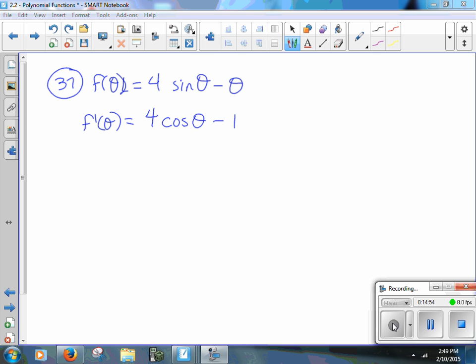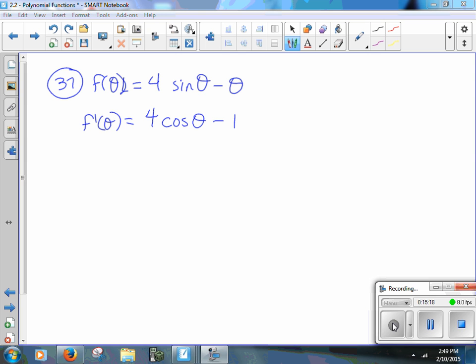Now, the instructions said, hold on. The fact that I go to this and not my textbook is absolutely crazy. 37. It says find the slope of the graph of the function at the given point.